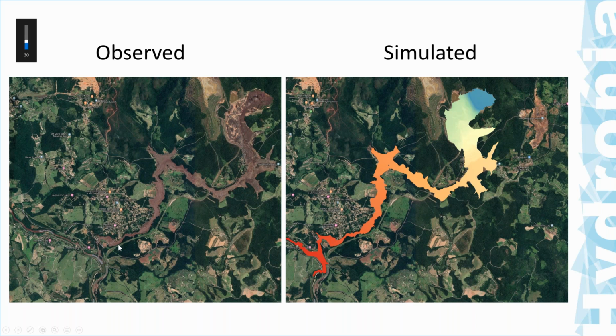Now, I want to point out briefly here that if you search the internet, you will see applications of the Brumadinho dam that have been performed with hydrodynamic models assuming water.